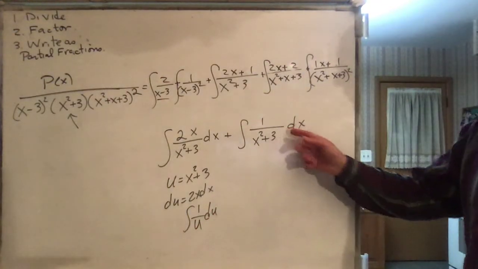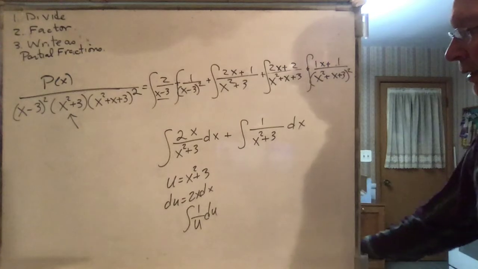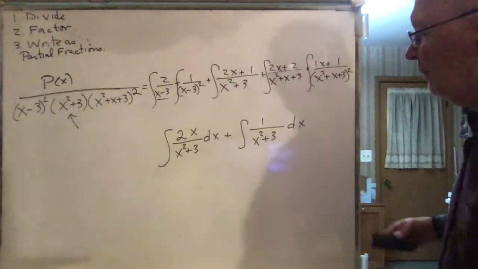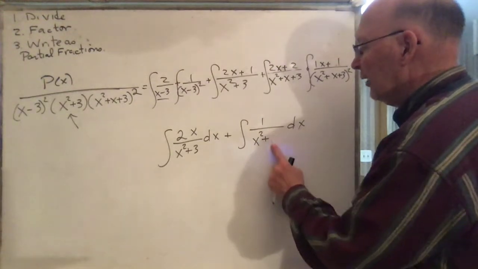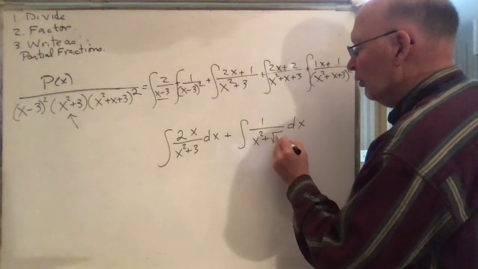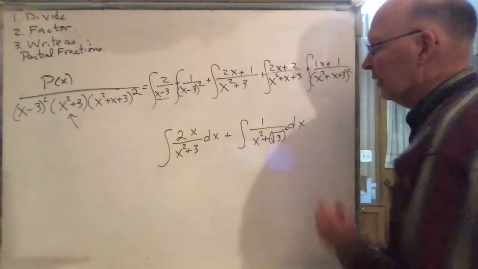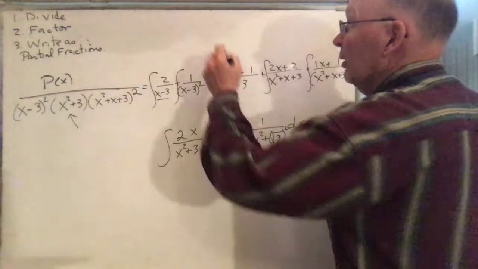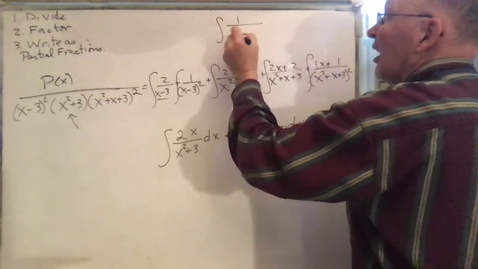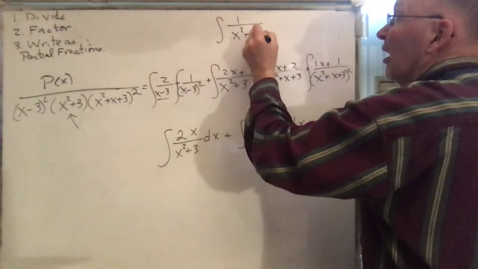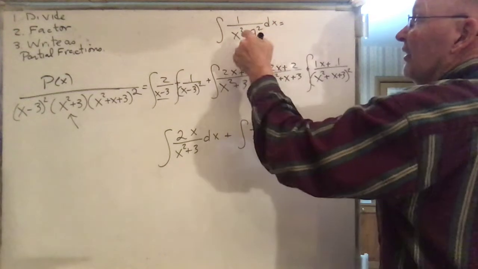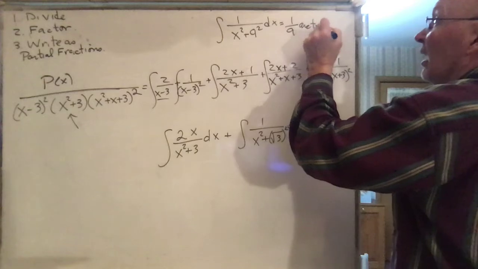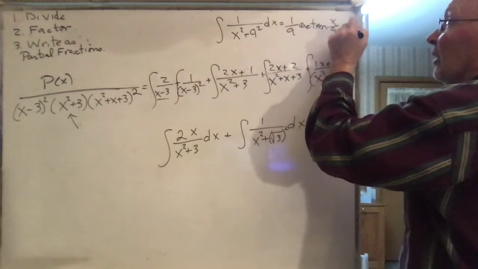What about this one? Recognize that one? That's the one we did a couple days ago. I can write that as the square root of 3 quantity squared. And if you remember something of this form, the antiderivative is 1 over a arctan of x over a plus c.